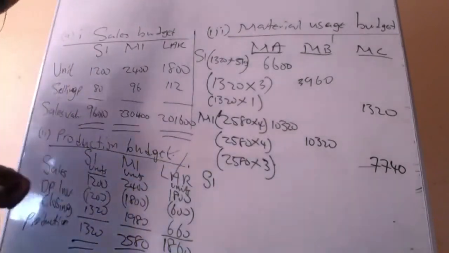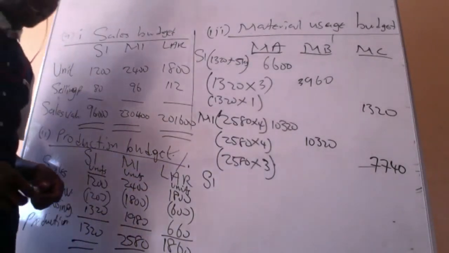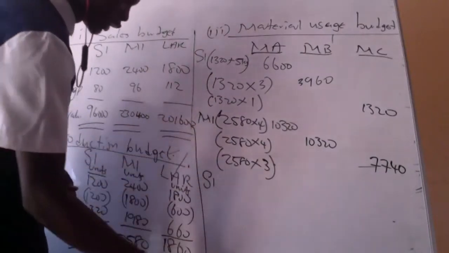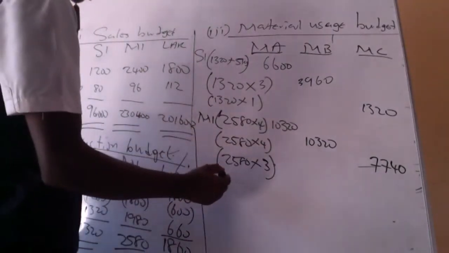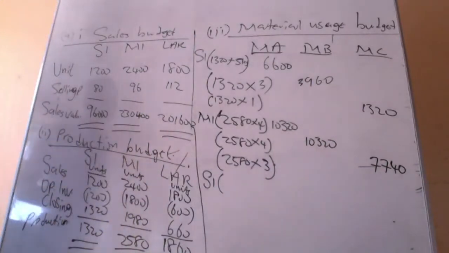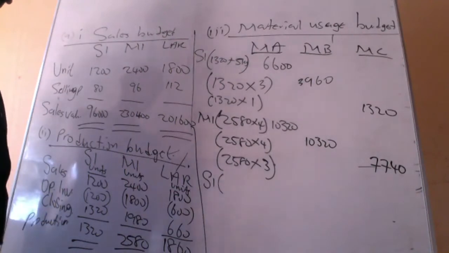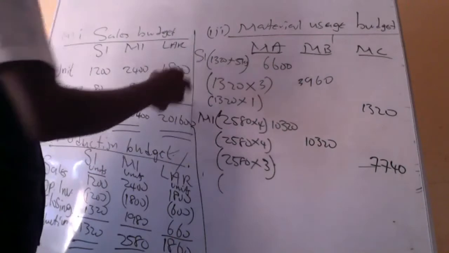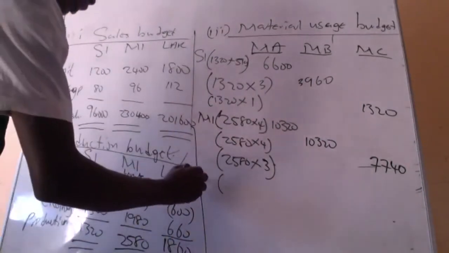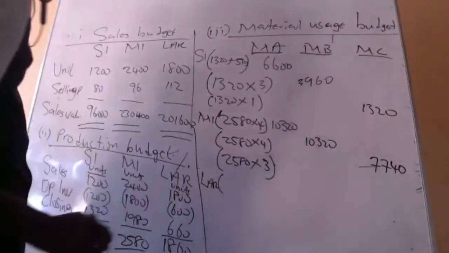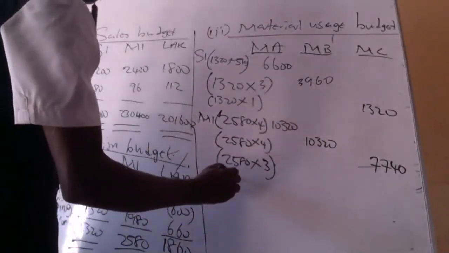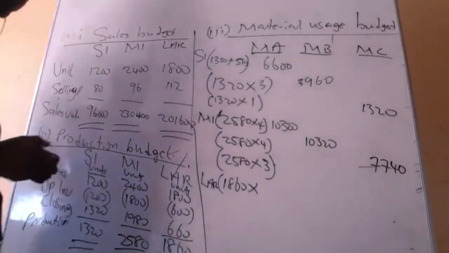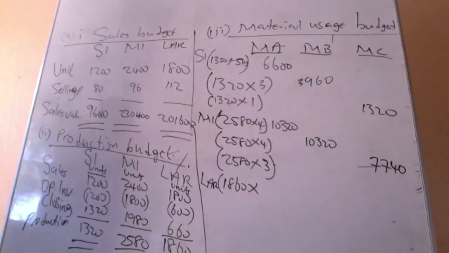So have you seen how the game looks? You go to SI and you continue my demarcation. You open a bracket nicely. Not for SI, I think it's for LAR. SI cannot appear two times. LAR is 1,860 by 3.